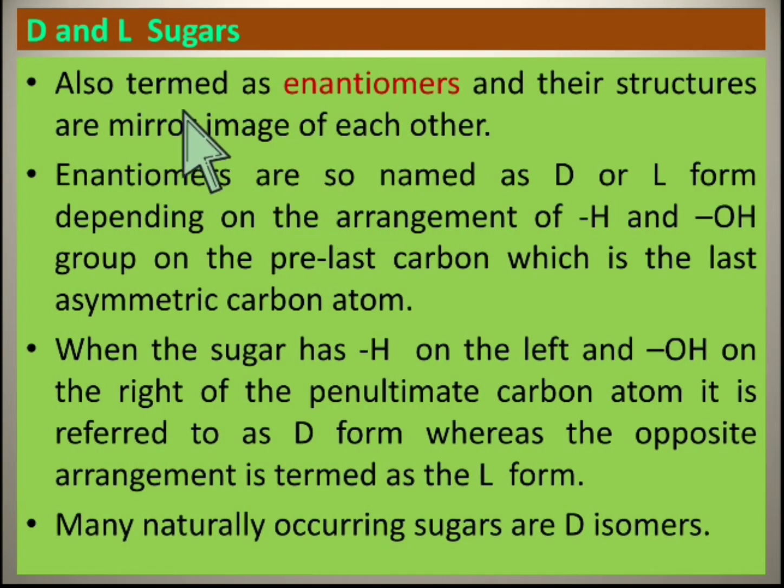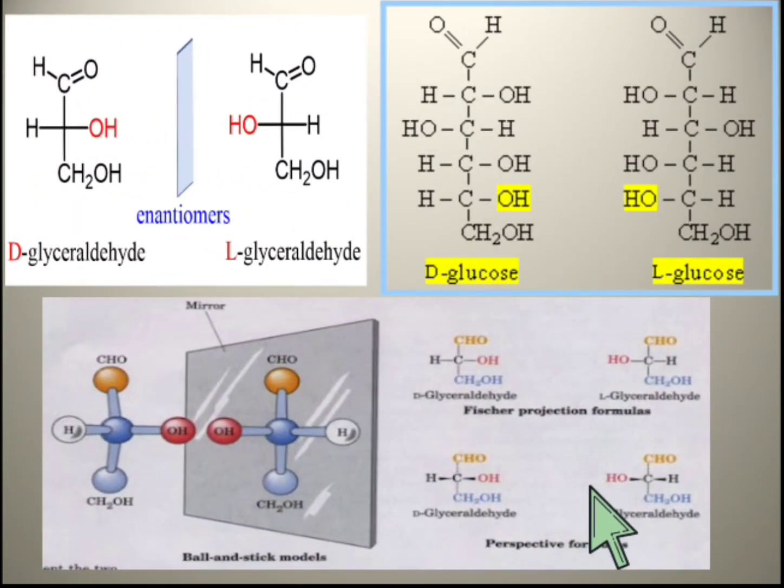But this capital D and capital L depend on the arrangement of these two on the penultimate carbon atom. If the hydrogen is on the left and hydroxyl on the right, it is D form, and if it is the opposite arrangement, it will be termed as the L form. You will see many examples later on when we study the detailed structure.